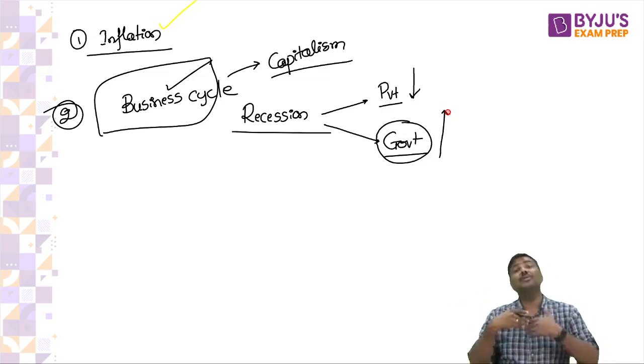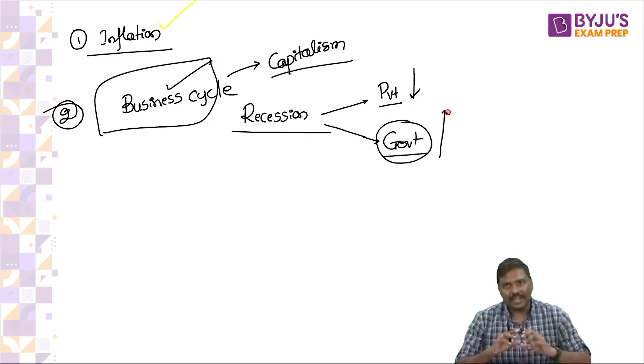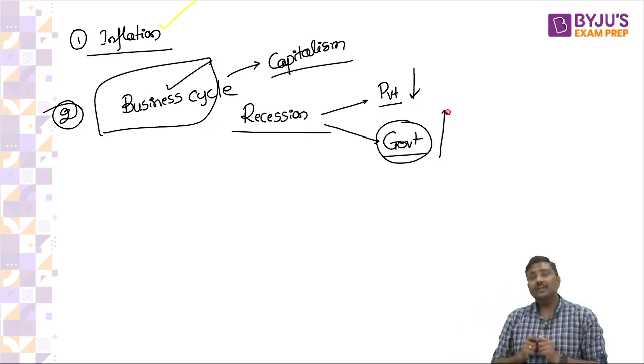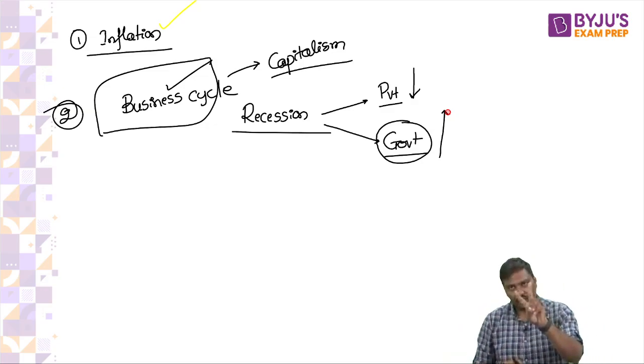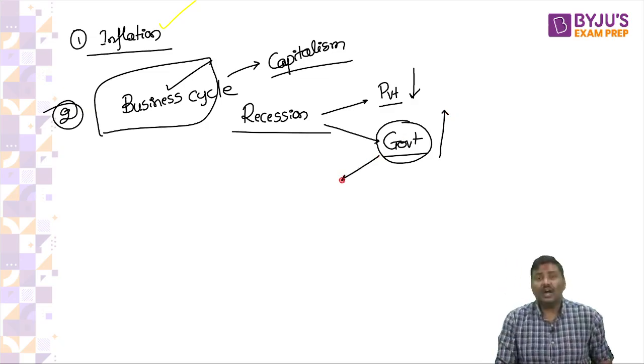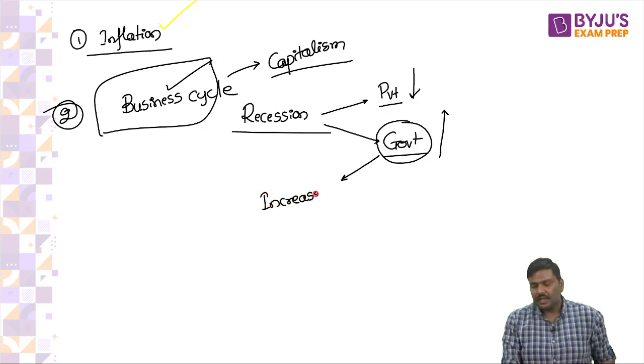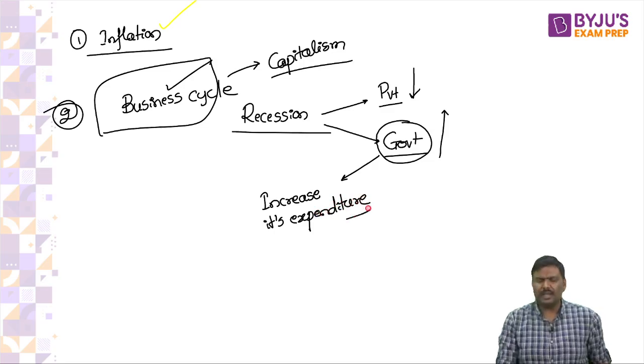Now, how can you promote recovery here? How can you promote more employment? Right? 2 ways. Follow this carefully. One, government can increase its expenditure. Sir, how will government expenditure promote recovery? Simple.